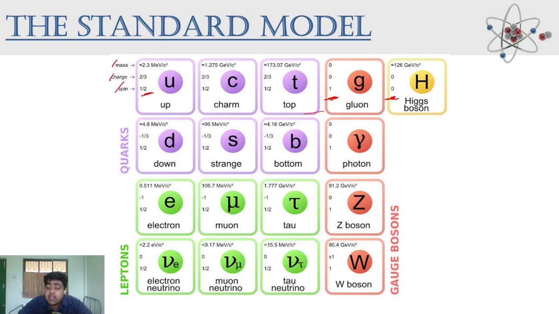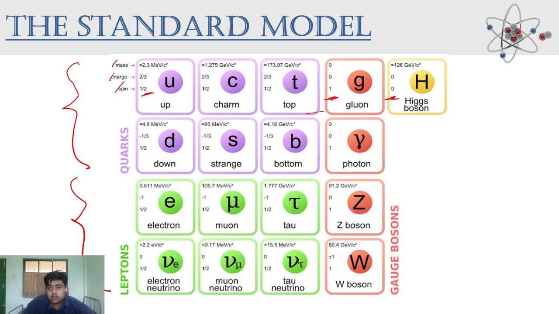Now let's focus on the standard model. So this is a standard model of elementary particles. That means these particles cannot be broken down into any other particles. Let me mark this. These are quarks, as you can see in the diagram also, and these are leptons.